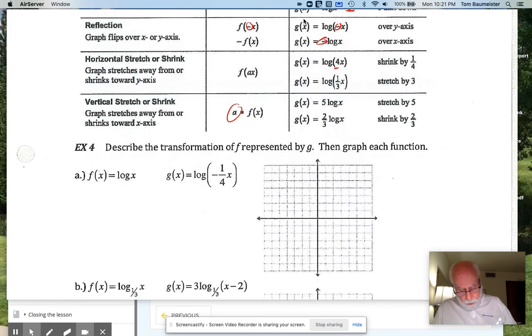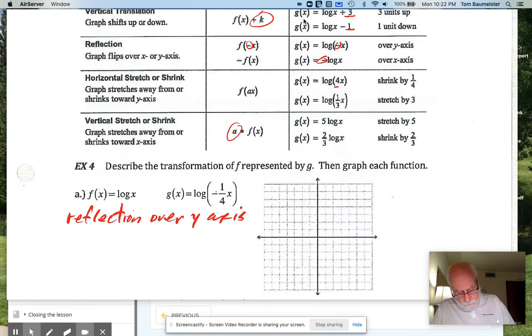If we go up here, that negative is now on the inside. So what should that tell you? That should tell you that we're going to have a reflection over the y-axis.